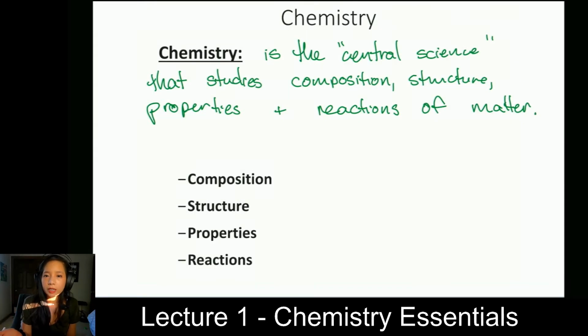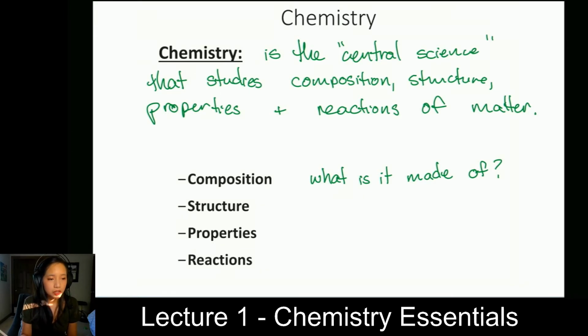So what do I mean by composition, structure, properties, and reactions? Well, all of these things can describe the piece of matter that you're studying. The composition of matter is what is this matter made out of? Are there oxygens present? Are there hydrogens, nitrogens present? Is it made of metals, transition metals, heavy metals, things like that?